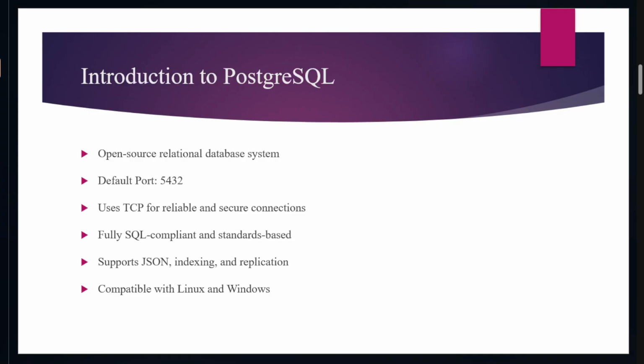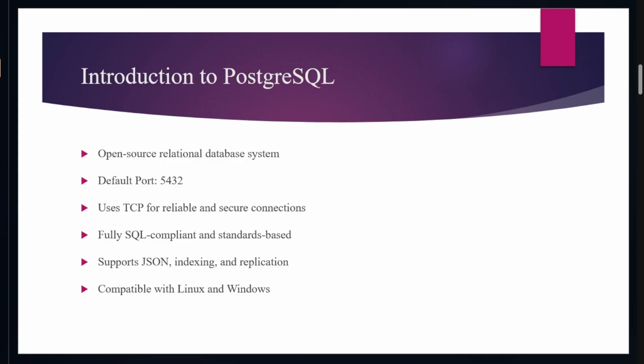Introduction to PostgreSQL. PostgreSQL is a powerful open source relational database that's known for reliability and performance. It runs by default on port 5432 and uses the TCP protocol to establish stable and secure connections between clients and servers. One of its biggest strengths is that it's fully compliant with SQL standards, meaning it can integrate easily with other systems and follow consistent query structures.